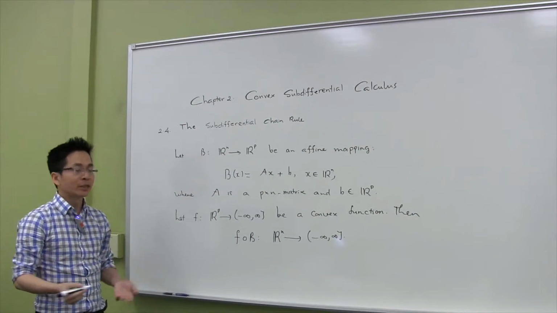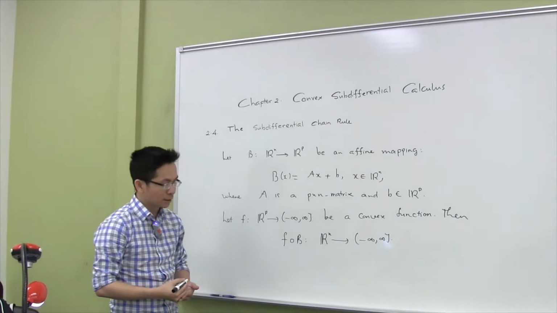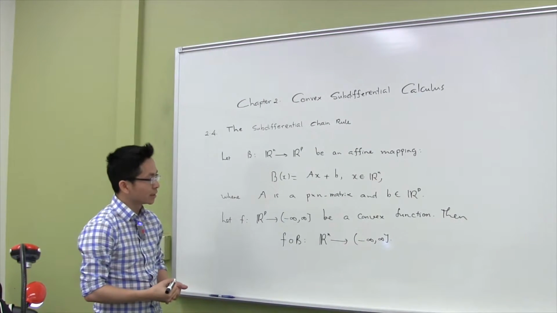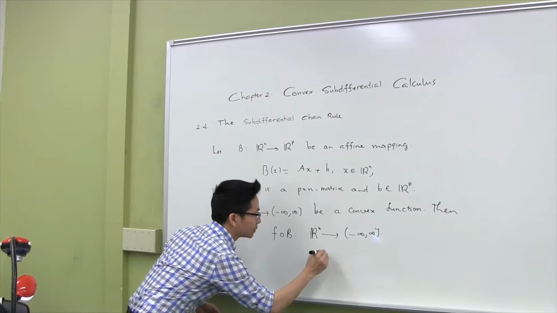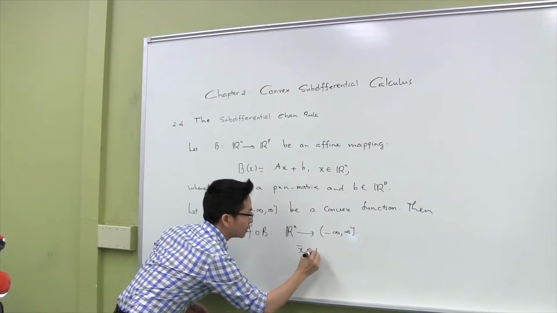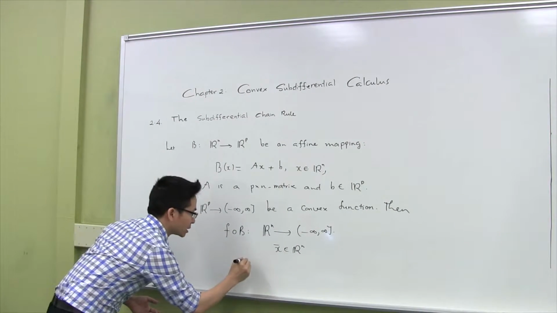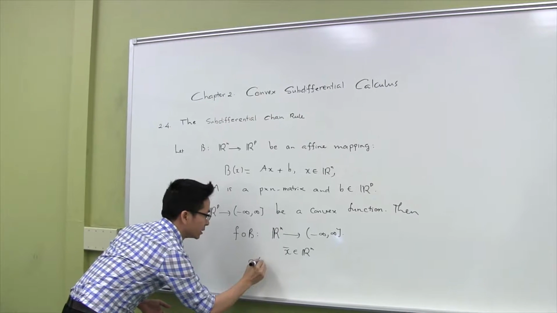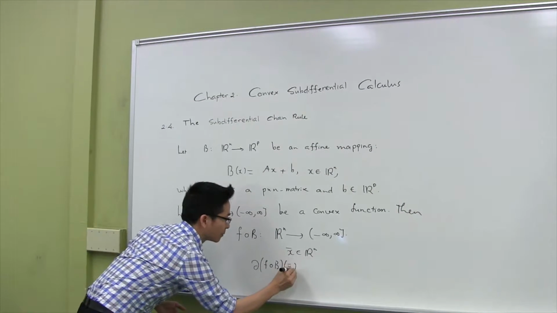And as we know earlier, this composition is a convex function. So a natural question is as follows. If we fix any x bar in R^n, how can we compute the subdifferential of the composition of f and B at x bar?